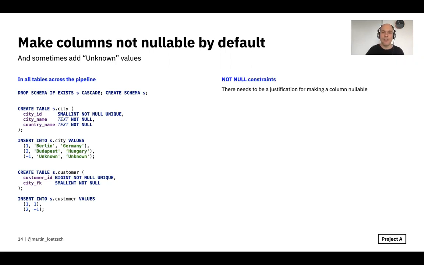Right, so these not null constraints, add them always. For me, there needs to be a justification from the business requirements when a column is nullable. So a product should always have a product category. If you don't find one, it should be the unknown category. But for example, an order does not always have a shipment date, so there it's justified that it's null.